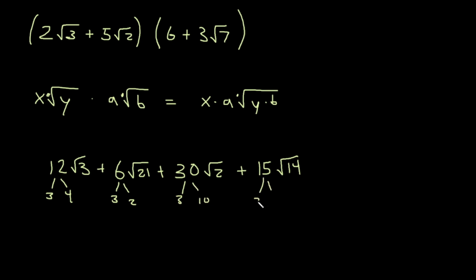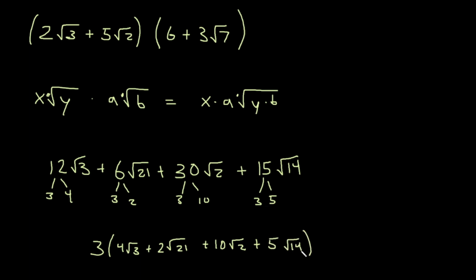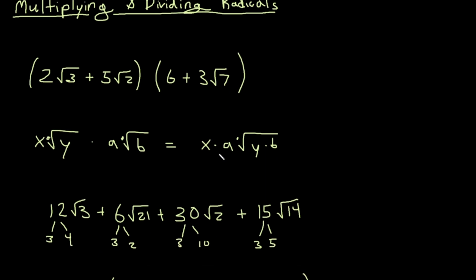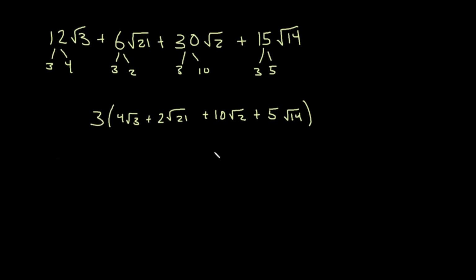This is divisible by 3 and 5, such that we could say this is 3 times 4 root 3 plus 2 root 21 plus 10 root 2 plus 5 root 14. You could hypothetically write it this way, but you generally might not need to. Now, this is multiplying radicals, and that's essentially the gist of it: just use the distributive property when you need to.